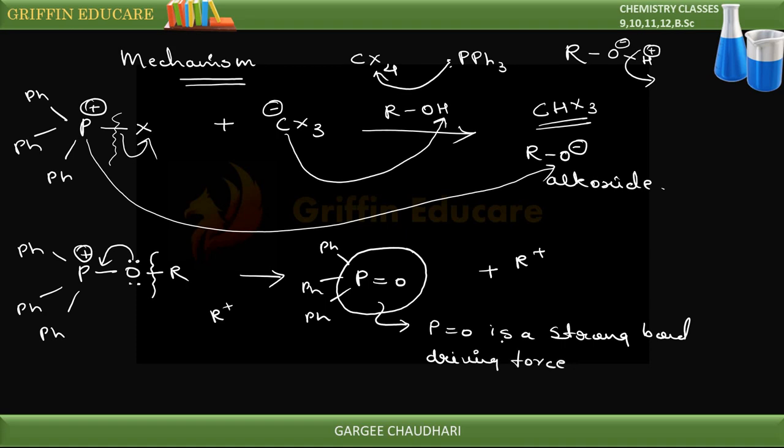Because of the formation of this bond, this reaction takes place, leaving us with the alkyl halide group. We'll get this product. So in simple terms, this was the mechanism of Appel's reaction, in which P double bond O is a strong bond and also the driving force of this whole reaction, and it gives 100% inversion product.